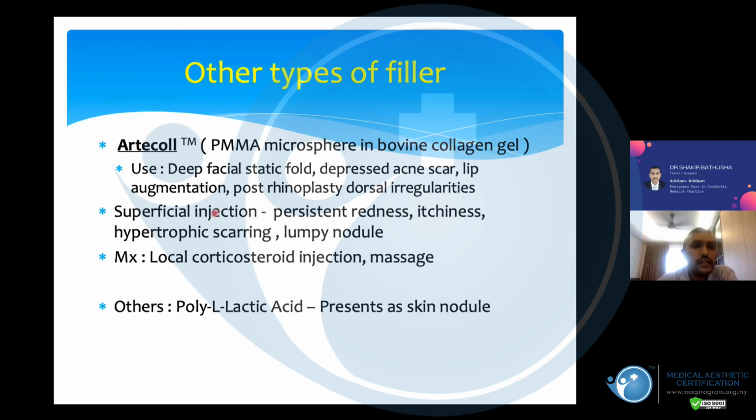For other fillers like PMMA fillers, usually used for deep static folds, acne scars, leg augmentation and dorsal augmentation, complications present as persistent redness, itchiness, hypertrophic scarring, or lumpy nodules. In such patients, local corticosteroid injection has been proven to be helpful. You need to massage, and sometimes you may also put them on oral steroids.